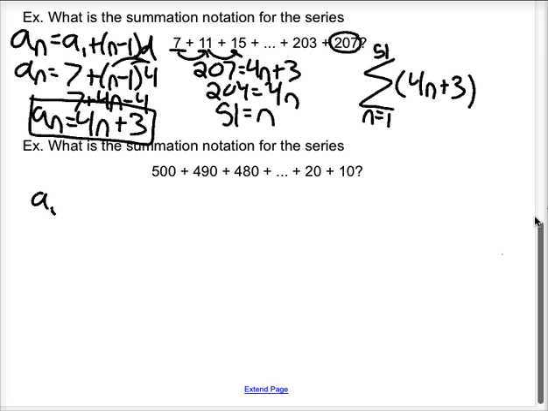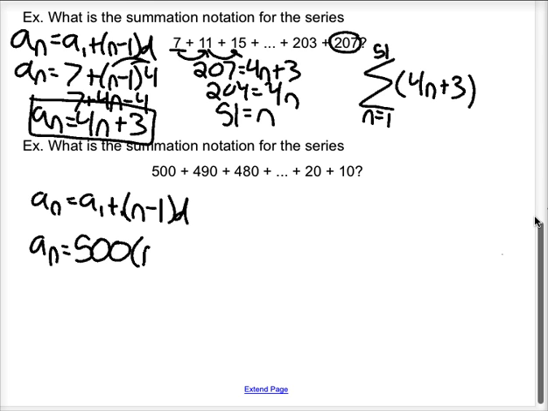So, again, first thing, we're going to be using our arithmetic sequence formula to find the explicit formula. So, a1 is 500, plus n minus 1 times d. And what is our d this time? Well, our d is negative 10. We're subtracting 10 each time.